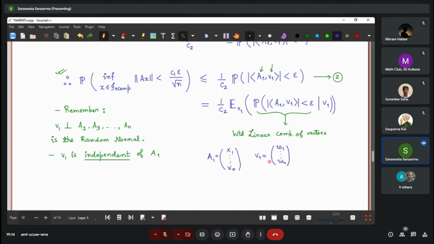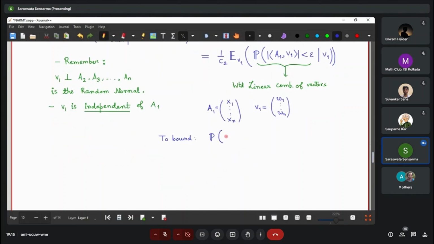Right. So then this inner product, we are basically left to bound this quantity, the probability that the modulus of the summation xi wi is less than epsilon.